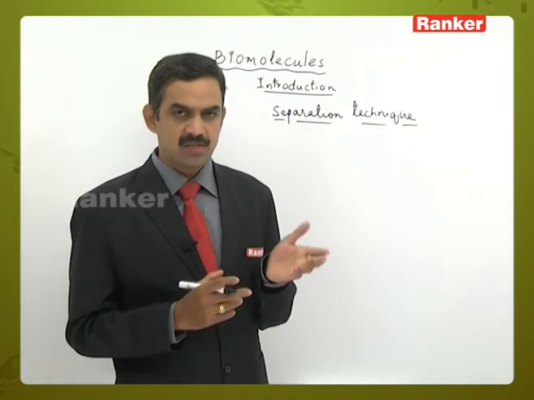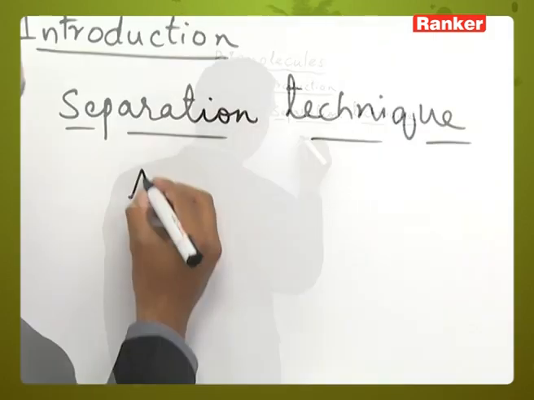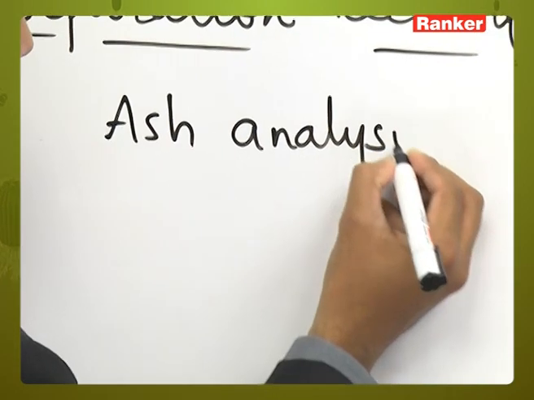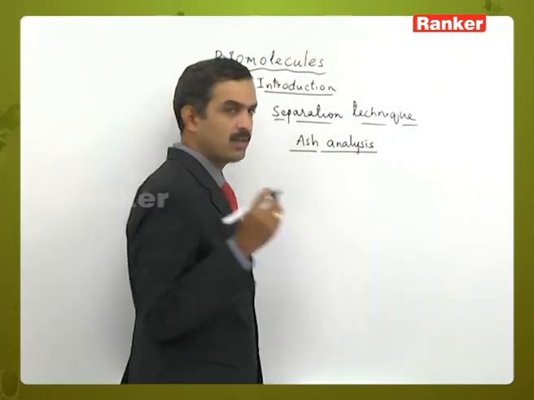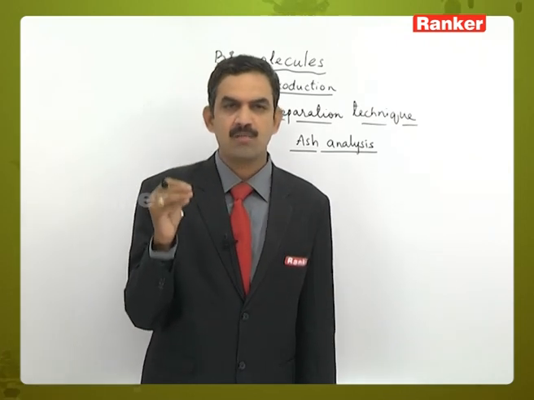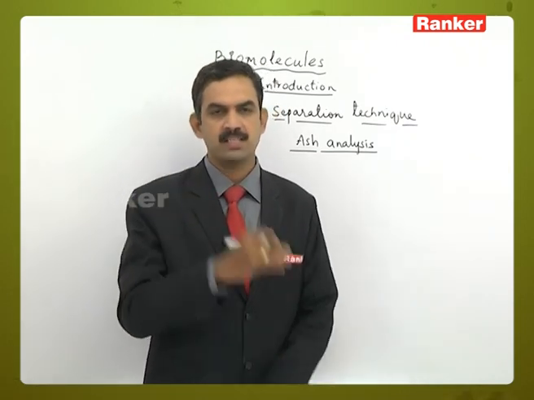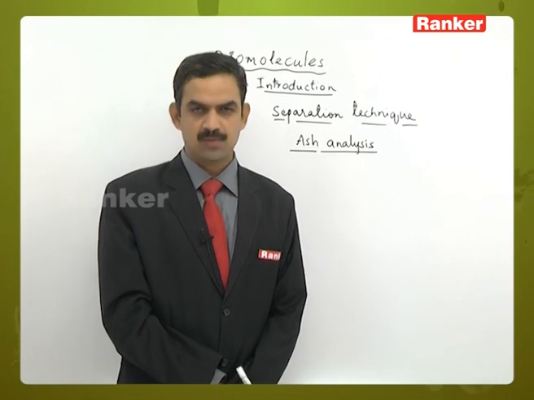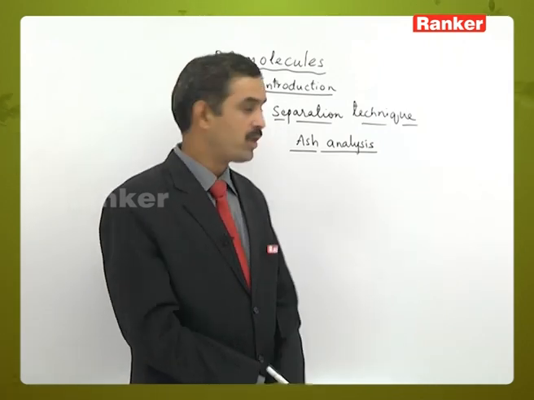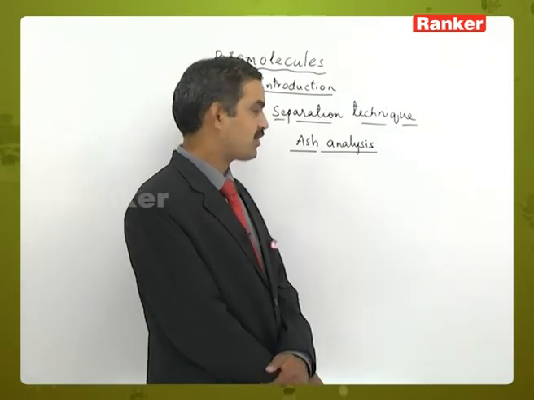After the separation technique, we go for ash analysis, so that we can know the actual element, compound, molecule, or ion present in that particular substance or the particular part of a plant body or an animal body. That is done by ash analysis.